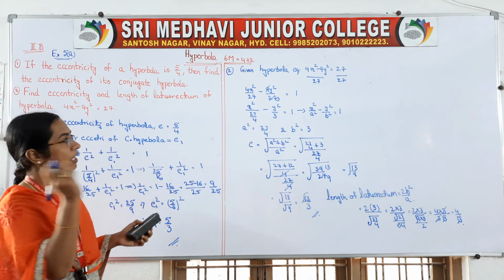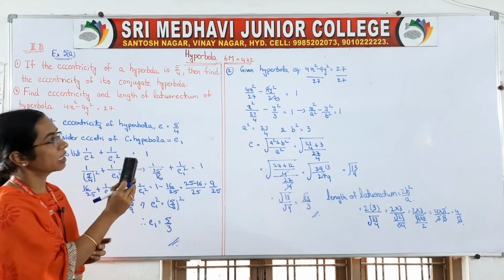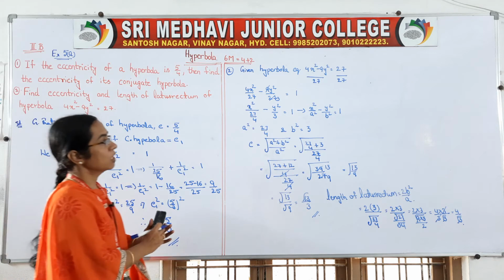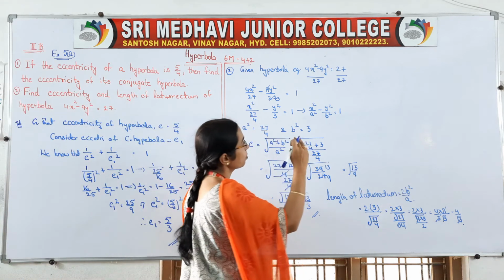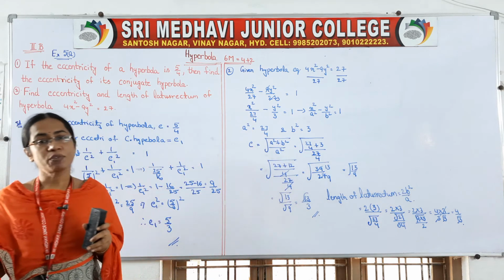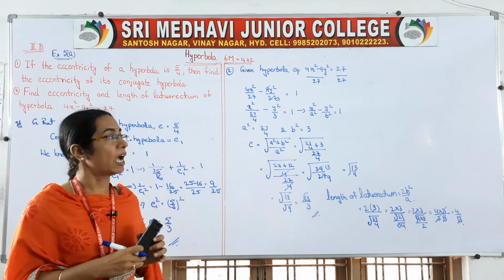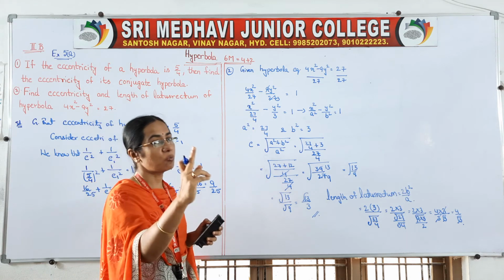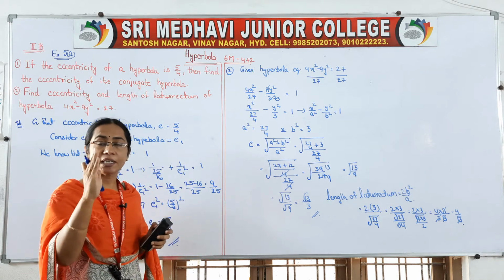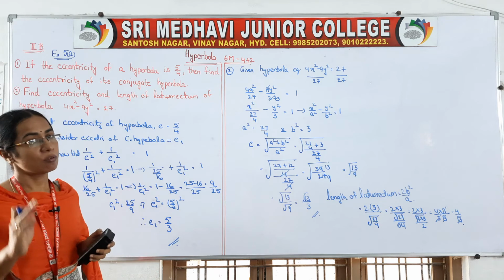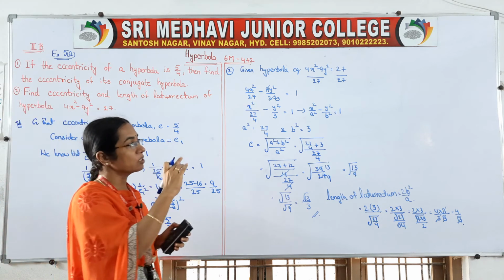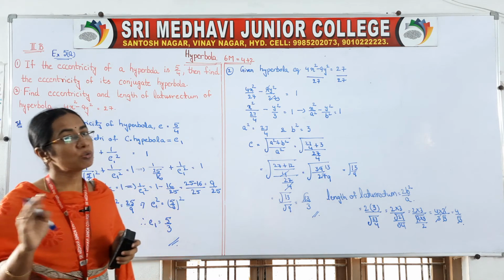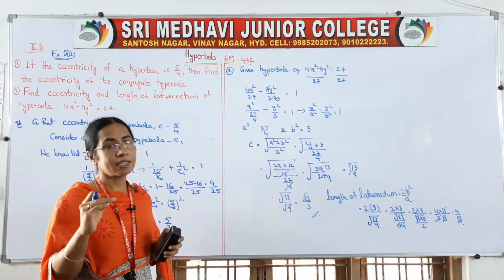So very simple, just reduce the equation into your standard hyperbola form. What are the standard hyperbola forms? Totally, we have 4 types of hyperbola. x square by a square minus y square by b square is equal to 1 is the first type, and it is said to be the standard hyperbola form. Next, x square by a square minus y square by b square is equal to minus 1. In these 2 cases, the origin is the center.